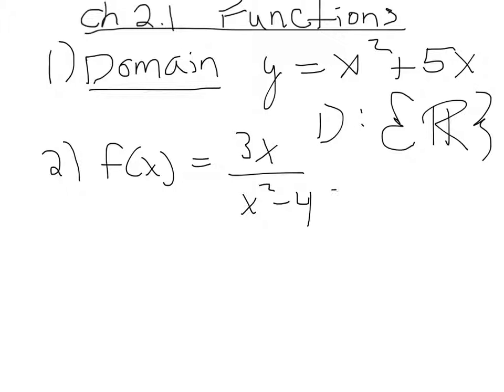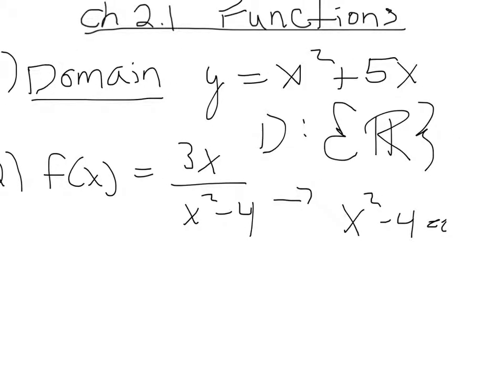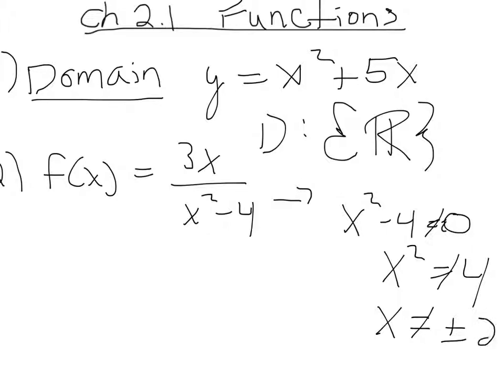So what you do here is you set the denominator, x squared minus 4, equal to 0, or you could set it to not equal, so just put a line through it. You solve for x, so x squared equals 4, and then take the square root of both sides, and you get x cannot equal plus or minus 2.